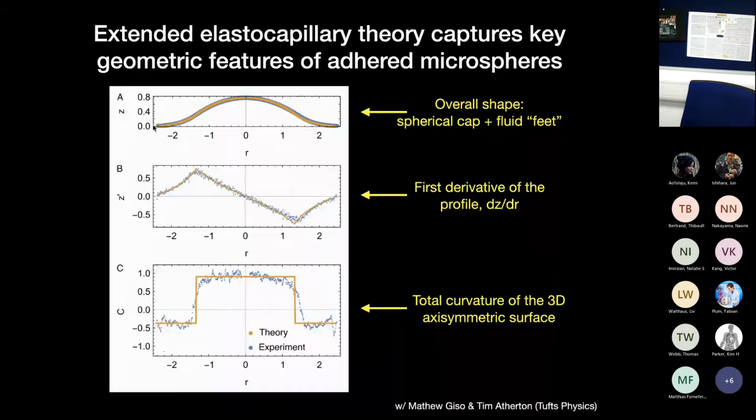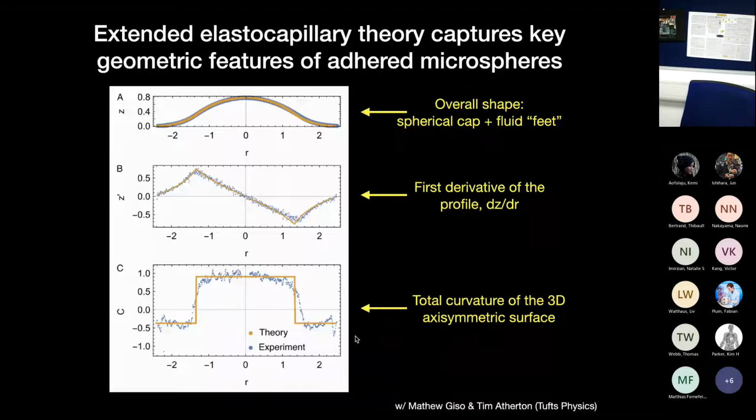So here you can see, or maybe not really see very well, that in the background, the blue is an example profile, and the orange is a fit with the extended elastocapillary model, which is a spherical cap plus these liquid menisci. But that works not only to capture the shape, but also the first derivative of the shape, as well as the curvature, which is the second derivative of the total shape. So I really feel like we're capturing with some depth the geometry of this adhesion.